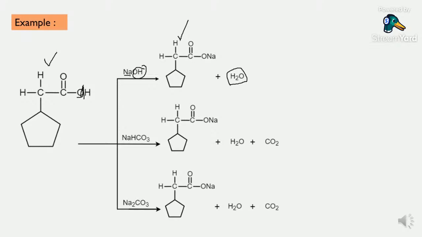The same goes to NaHCO3 over here. So firstly, we break OH here first. And then we take this HCO3 and we combine it and we produce H2O plus CO2, water plus carbon dioxide.